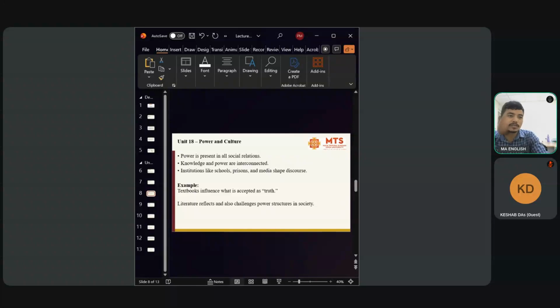It operates through language, through institutions, and through everyday practices, through what we consider normal or acceptable. So power is diffused. It spreads through the whole fabric of society.